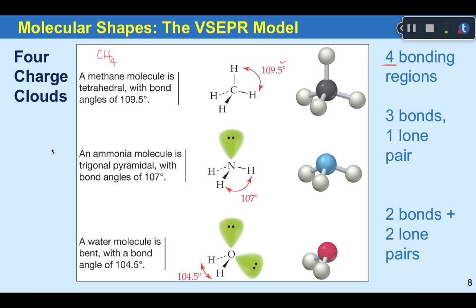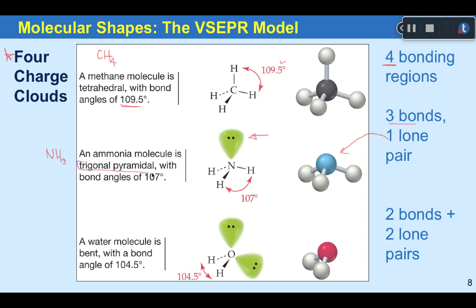If you have ammonia, which might not be one we always remember, it's NH3. Ammonia is a molecule that has three bonds around nitrogen, but it also has one lone pair on the nitrogen. You can't see it when you're looking at the molecule, but it is conspicuously evident when we're talking about charge clouds. Three bonds and one lone pair add up to a total of four charge clouds. And again, the geometry is going to be based on tetrahedral bond angles, but the shape of the molecule has a new name.